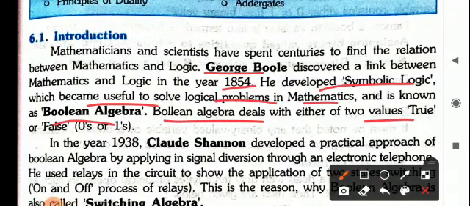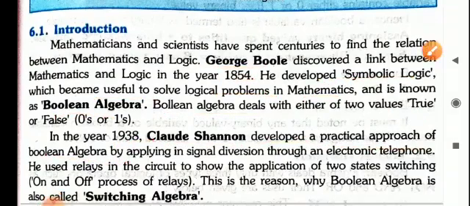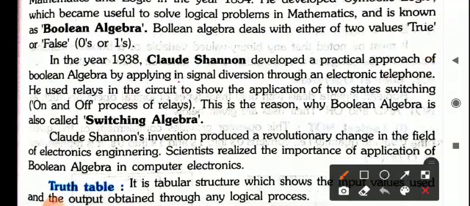True means 1 and false means 0. Either the power is there or the power is not there. If the power is there, it is represented as 1, and if not, as 0. Clear?